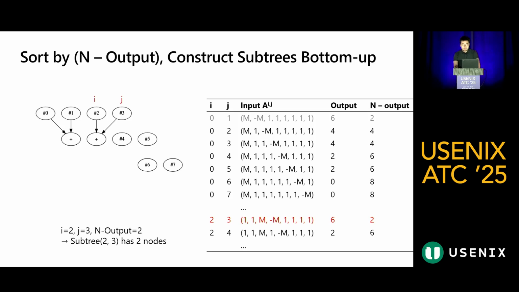For i and j equals 2 and 3, similarly, we can construct the subtree containing node 2 and 3. The computation example is similar to the previous one, so let's quickly skip it.